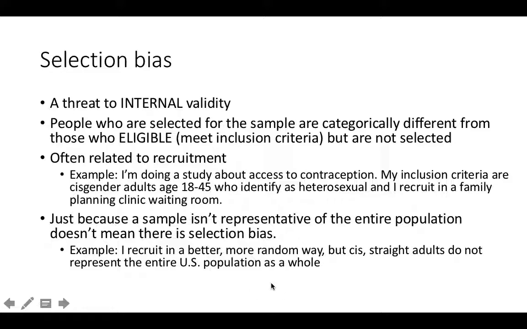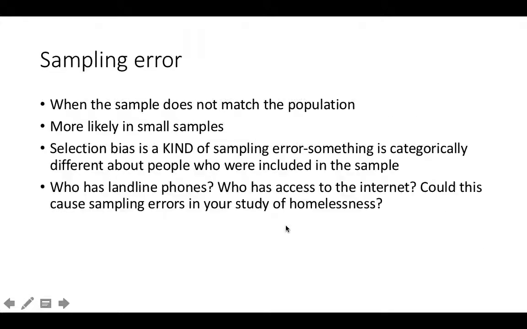So a lack of representativeness isn't necessarily selection bias, but selection bias definitely can contribute to a lack of representativeness. And so selection bias is a type of sampling error. And sampling error is a general term for when the sample doesn't match the population.